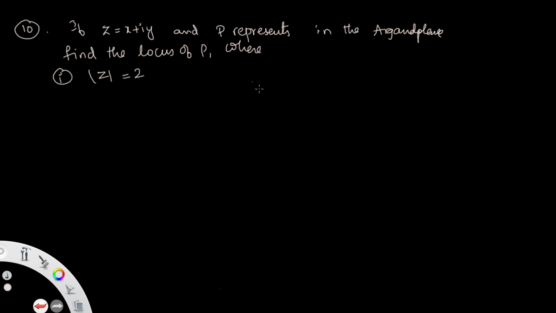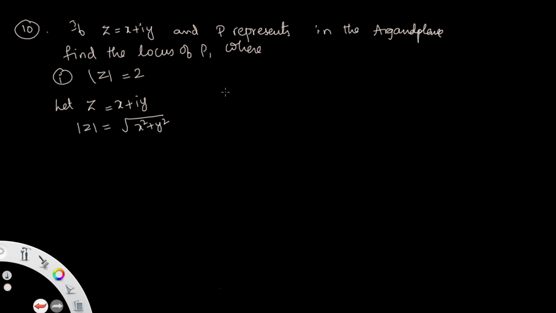Locus you have already learned in the first year. Here the question gives z equals x plus iy, and we must find the locus of P where mod z equals 2 units. Let z equal x plus iy, then mod z is root over x square plus y square.